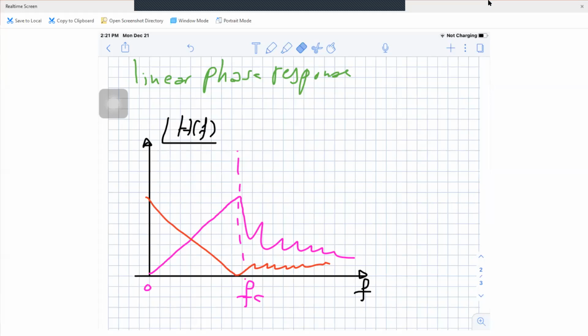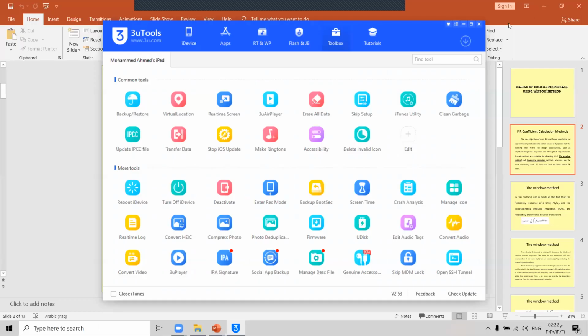Of course, if we are going to use an FIR filter, at that time we can guarantee that the phase will be linear. One of the important features and characteristics of the FIR filter is that the filter characteristic will be linear. I mean, the phase spectrum of the designed filter will be linear.